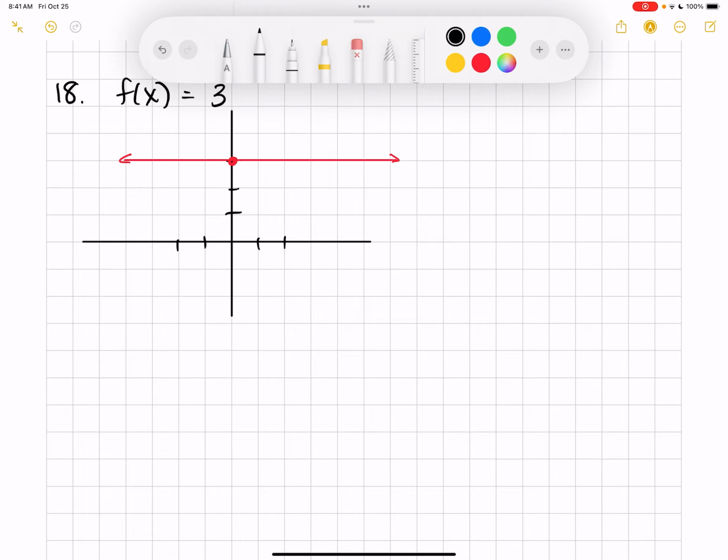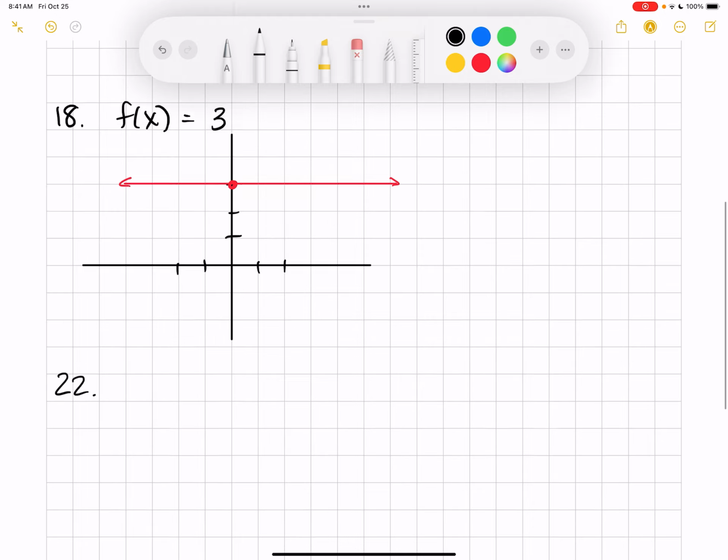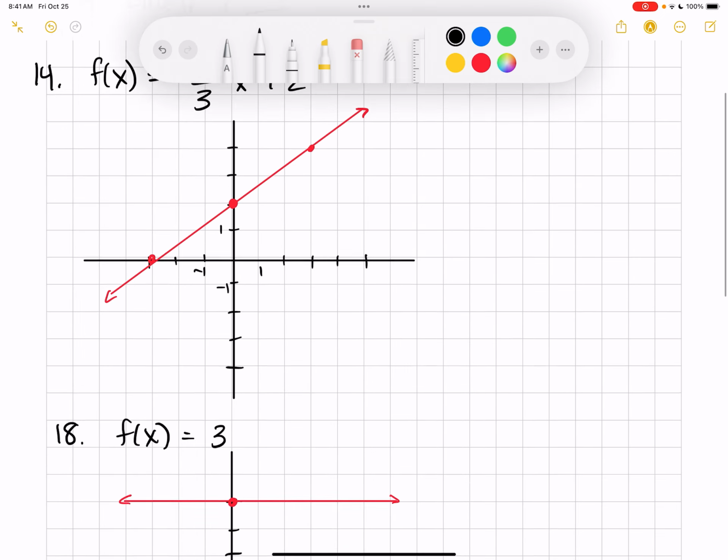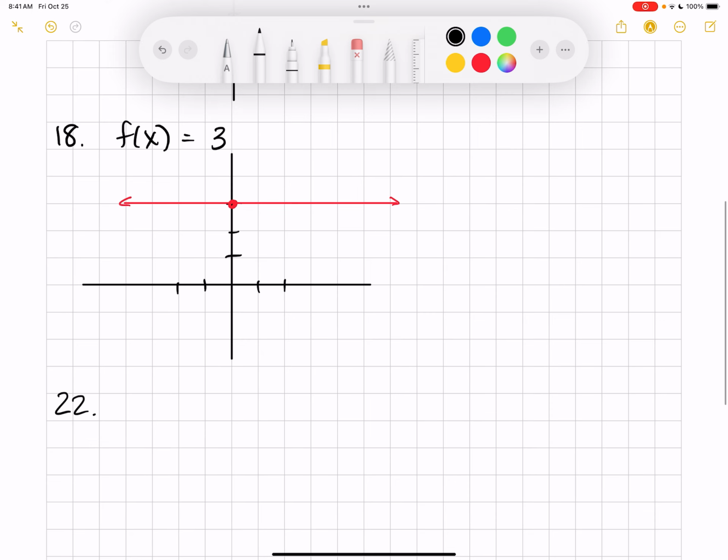22. So the first graph that we did was in slope-intercept form. They gave me a slope and an intercept, and I could graph it that way. This next one is going to be in standard form: 2x plus 5y equals 10.